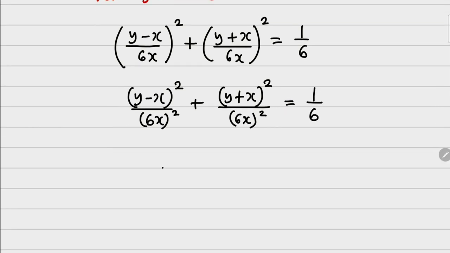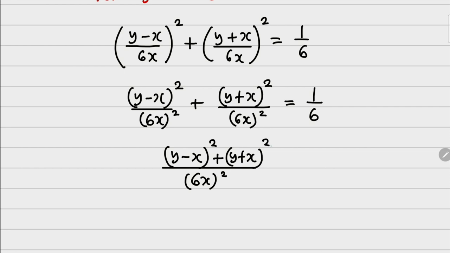Now, picking the LCM, this is going to be 6x all squared, then I have y minus x all squared plus y plus x all squared is equal to 1 over 6.